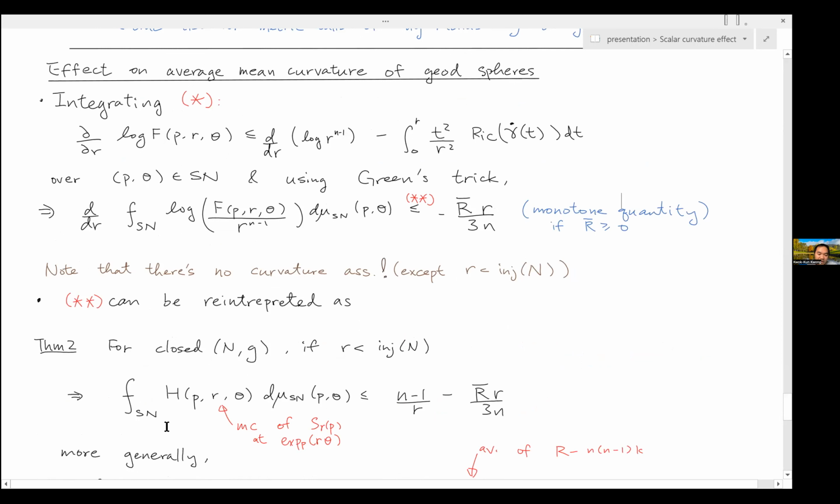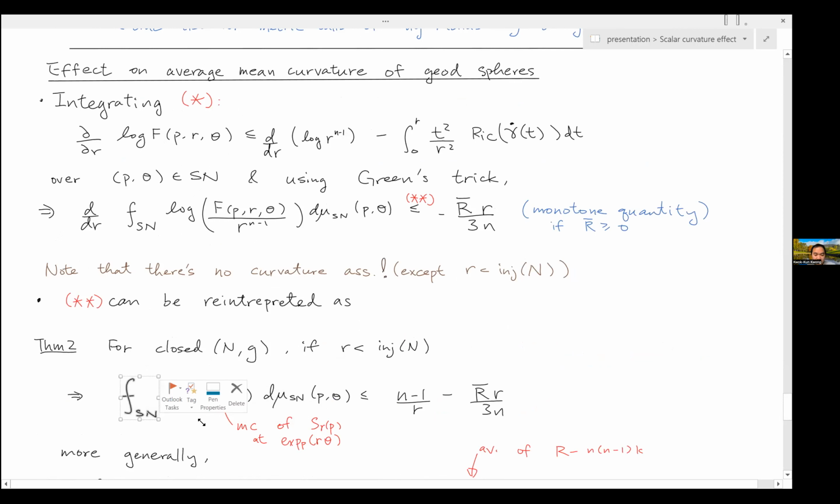Okay, so the mean curvature of the geodesic sphere can actually be regarded as the log derivative of the Jacobian. So if you observe this, then you can just regard this as the mean curvature comparison, but in the average sense. So H_{p,r,theta} is the mean curvature of the sphere centered at p with radius r, and then we take the average over all p and all theta.